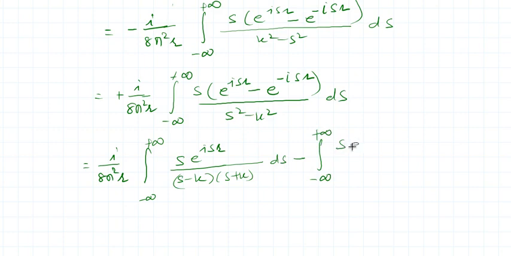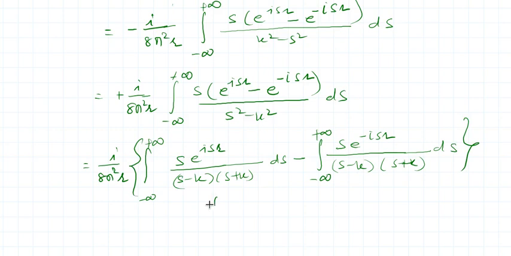It is s e raised to power minus iota sr, whole divided by s minus k, s plus k, into ds, and let me call this integral I1 and this integral I2.